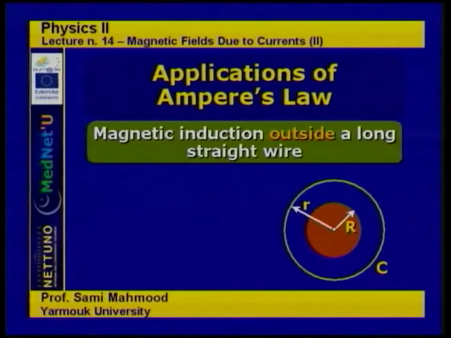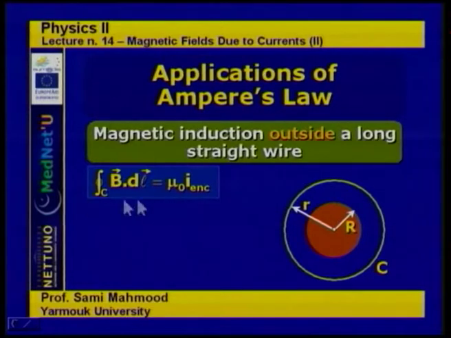We can use Ampere's law, and outside the current, B dot dl integrated over the Amperian path. The Amperian path is C here. It's a circle around the wire. This is simply a cross-section of the wire with radius capital R, and small r is the radius of the Amperian path.